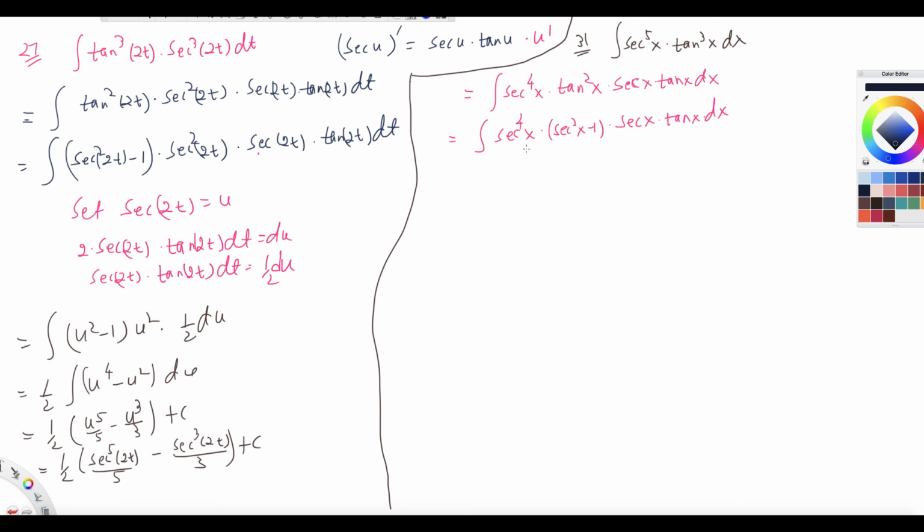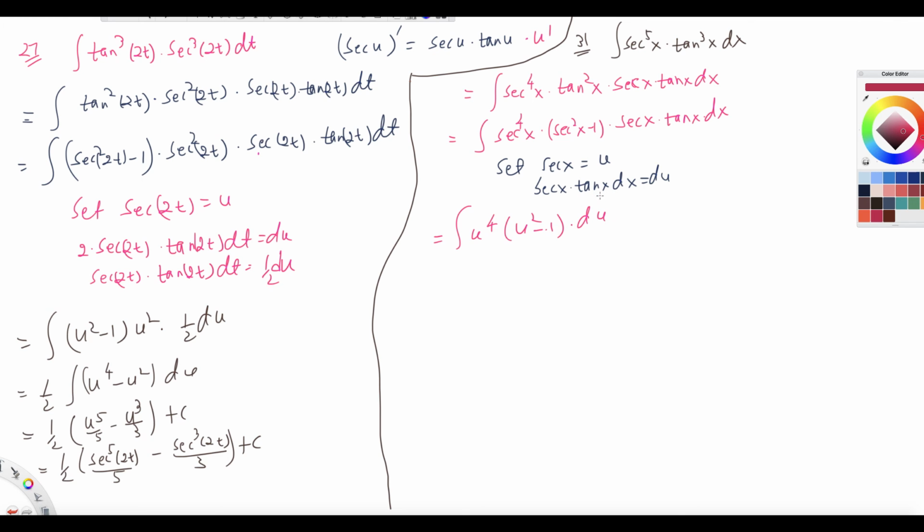So you set secant x equals u, then secant x tangent x dx will be basically du. See that? So that can be written as u to the 4th times u squared minus 1 times du, similar to the previous one, even easier than that. Isn't that easy?